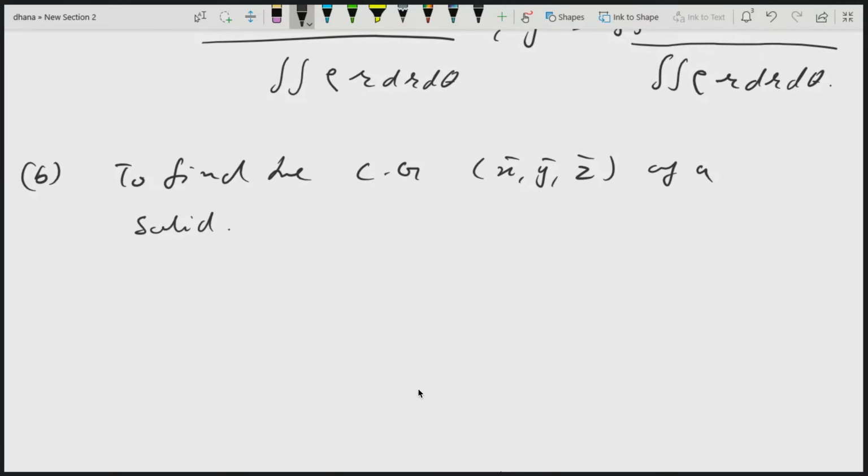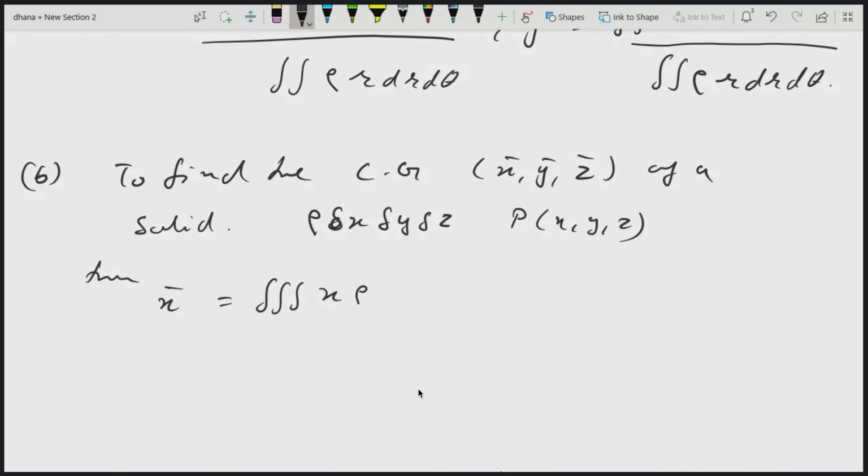So here the element of mass will be rho del x del y del z, enclosing this point x, y, z. Then x bar will be equal to the triple integral of x rho dx dy dz divided by the triple integral of rho dx dy dz.